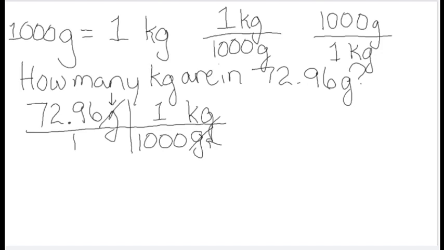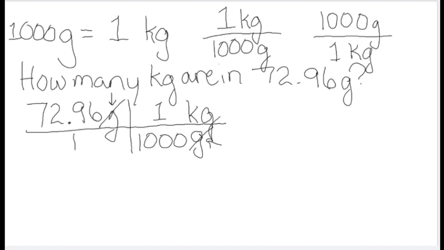So now you multiply across the top, 72.96 times 1. We all know we can skip that times 1 step. So basically it's 72.96 divided by 1,000.